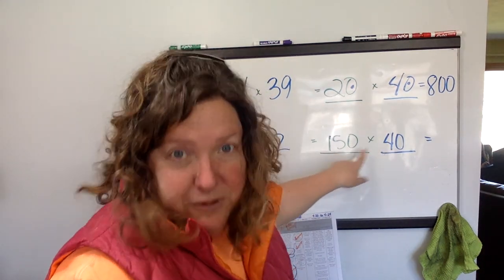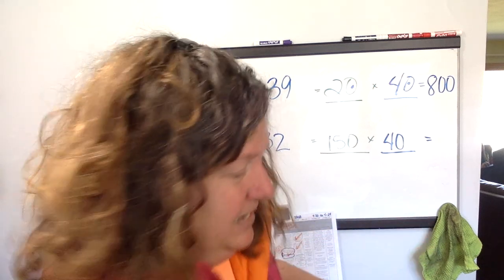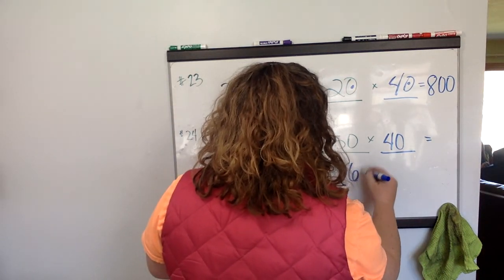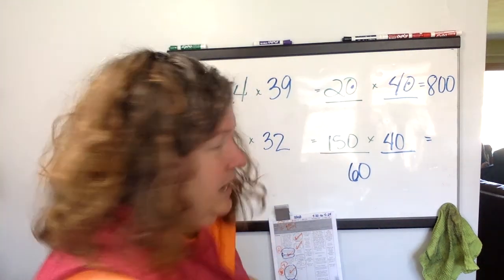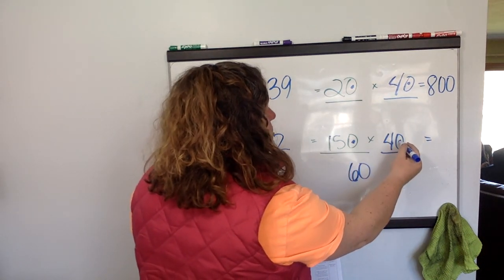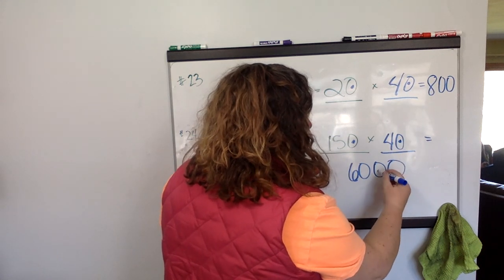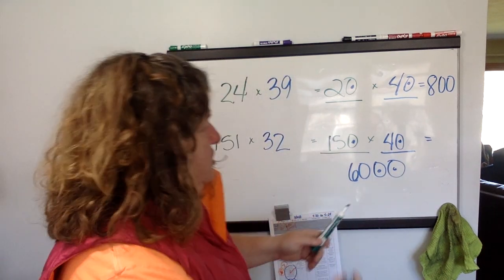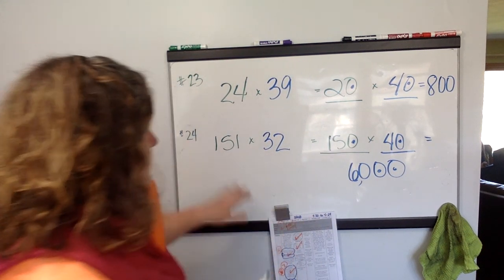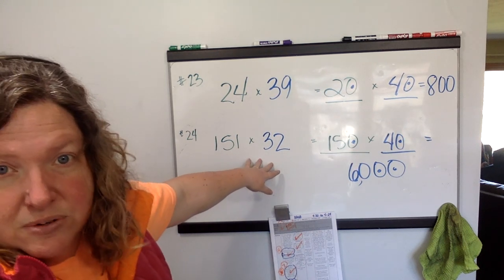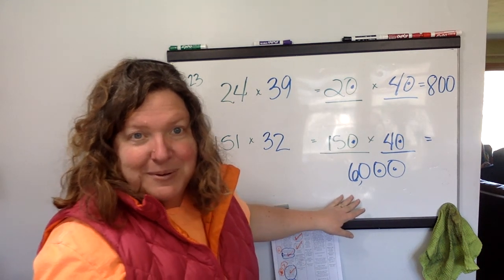So I actually know 15 times 4 is 60. So I'm going to write that down. I know that's 60. And then there's 2 zeros in the problem, so I need to stick 2 zeros in the answer. So I know my answer 151 times 32 is going to be about 6,000.